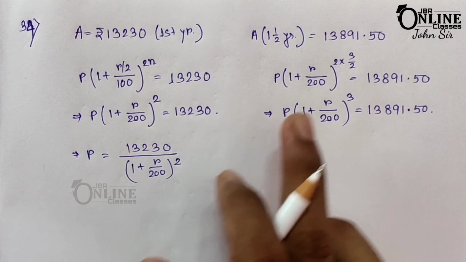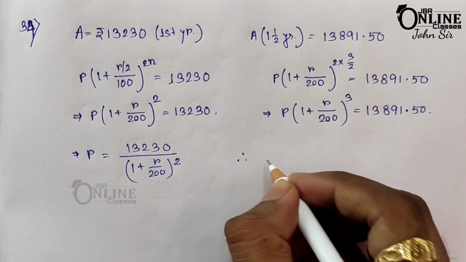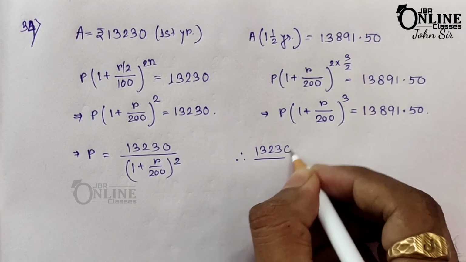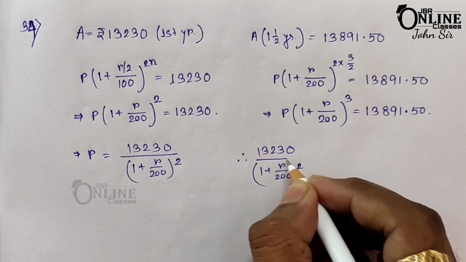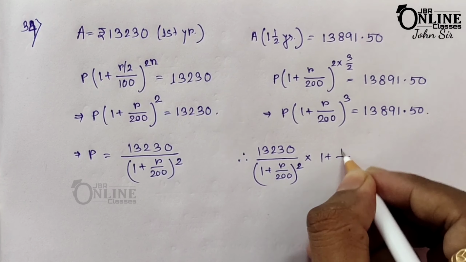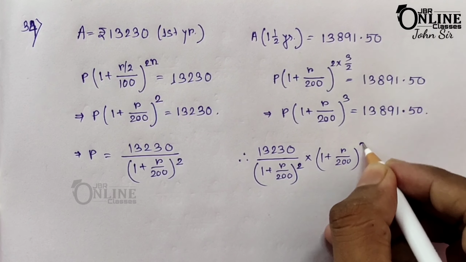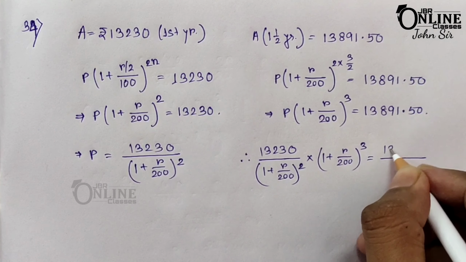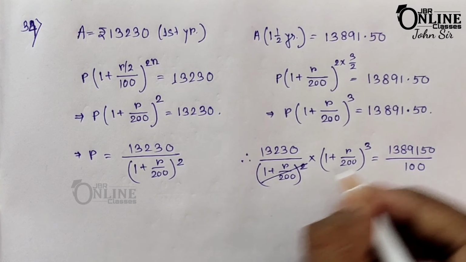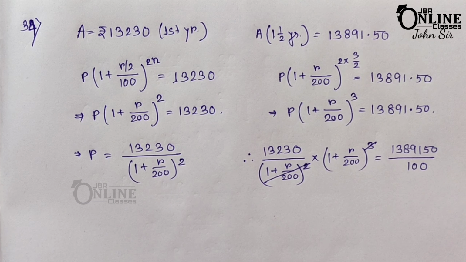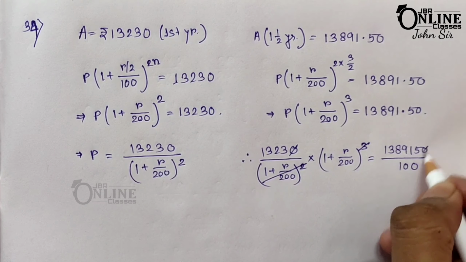So substitute the value of P here, so it will be 13230 divided by (1 plus R by 200) whole square, into (1 plus R by 200) whole cube, and that equals 1389150 by 100. So this one cancels out with this one, the zeros cancel out.